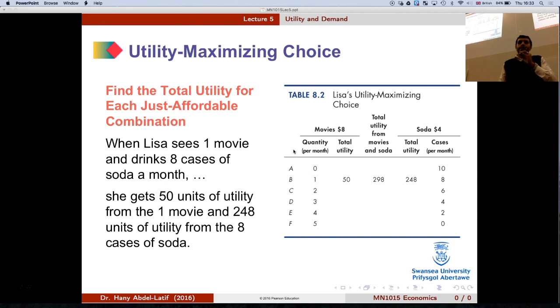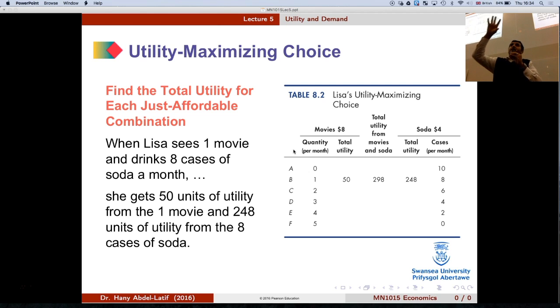So let's look at the total utility in this case. So the total utility will be the utility she has from consuming movies and sodas. Remember, she can consume both movies and sodas. That's the combination here. So if you look at point B, for example, point B shows she has 1 movie and 8 sodas.